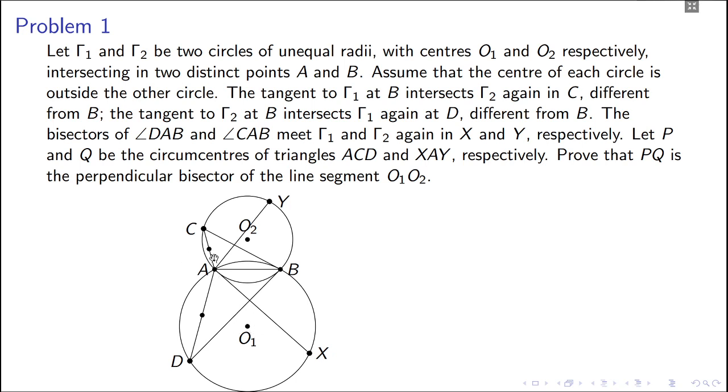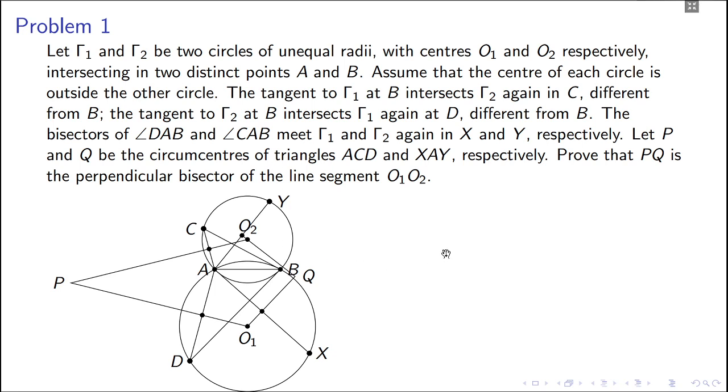Perpendicular here will pass through O2. So I just join these, extend it, join these 2 points, extend it, and where they intersect, that will be the required circumcenter. Same thing here: you take these 2 lines, find the midpoints, join these two, and extend it. So this will be the circumcenter of AXY.